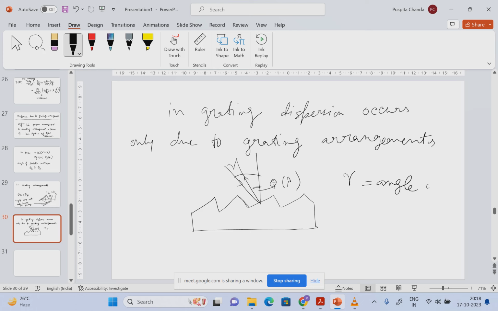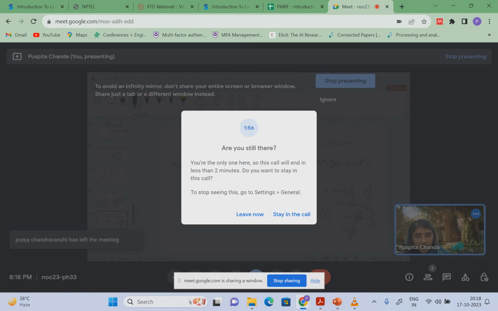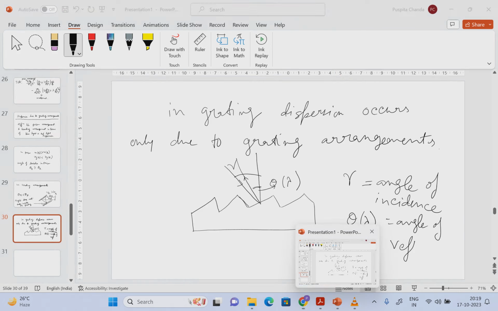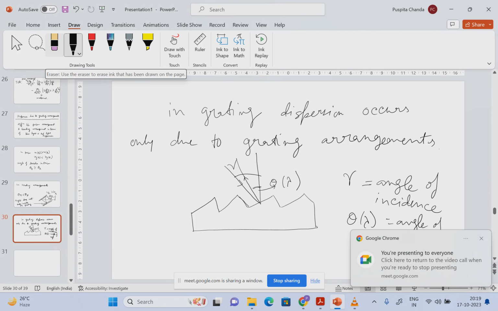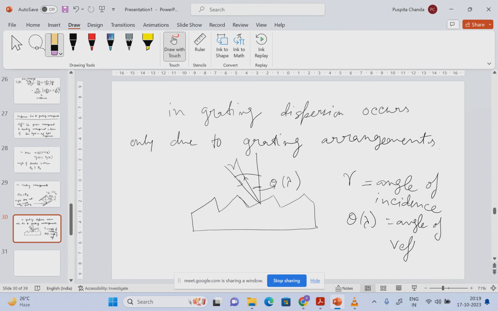Theta i is the angle of incidence. Theta lambda is the angle of reflection. The inverse is the grating constant.